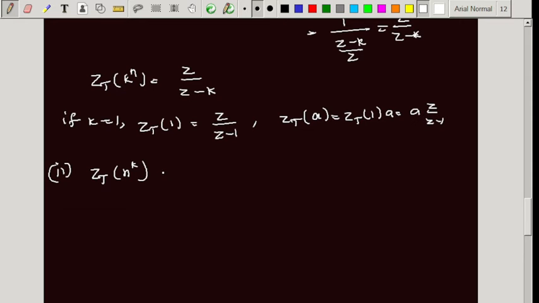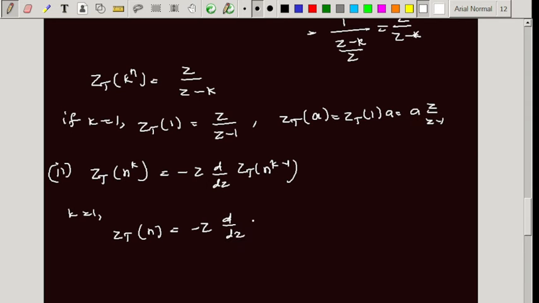Okay, z transform of n power k we can write as minus z into d by dz of z transform of n power k minus 1. Here k is 1, so z transform of n equals minus z into d by dz of z transform of 1.